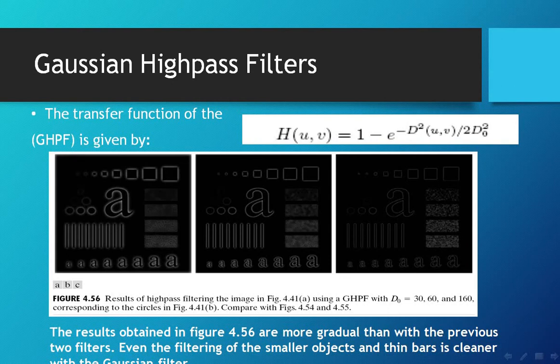In this example of Gaussian high pass filtering, the D0 values applied are 30, 60 and 160. In the Gaussian high pass filtering method, the result obtained is smoother than with the previous two filters. Even the filtering of small objects or thin bars is clear with the Gaussian filter.